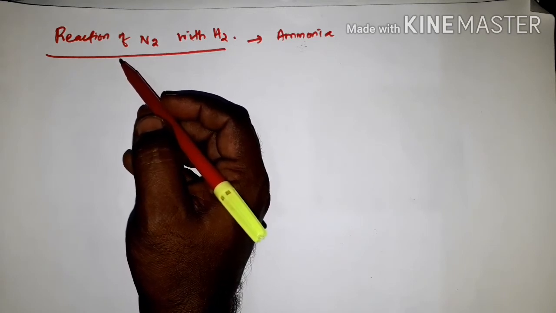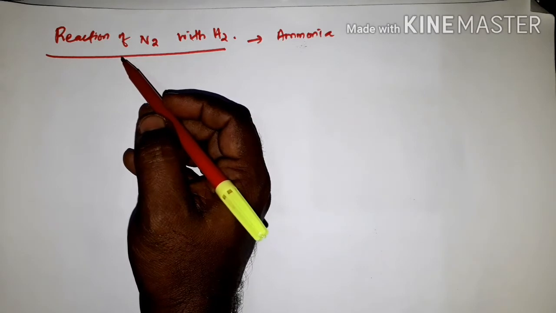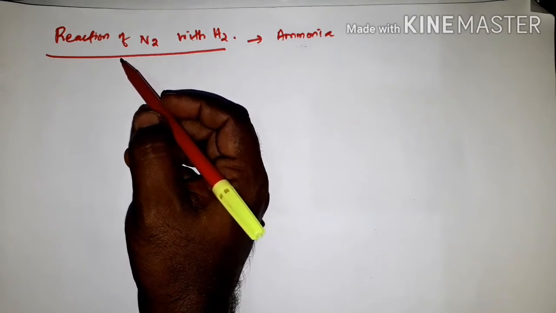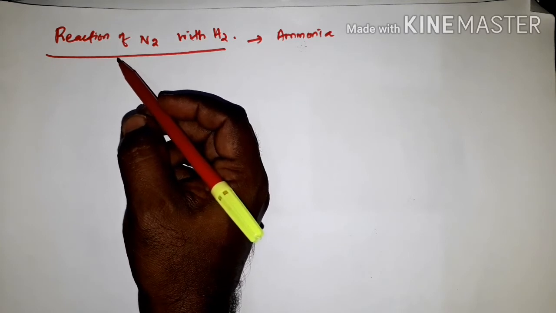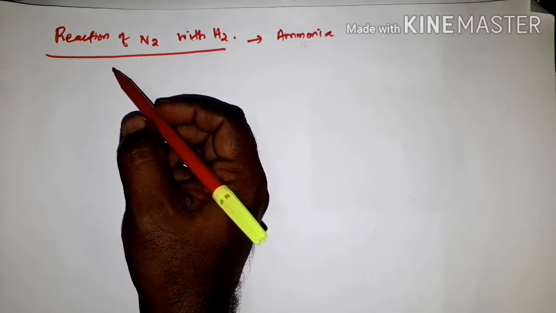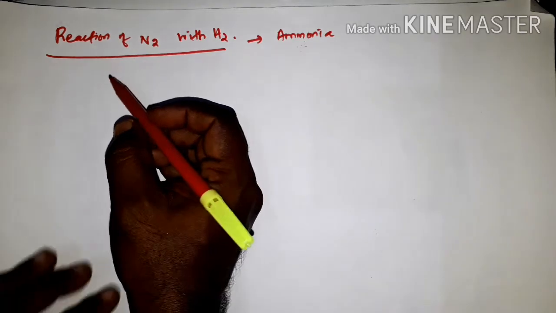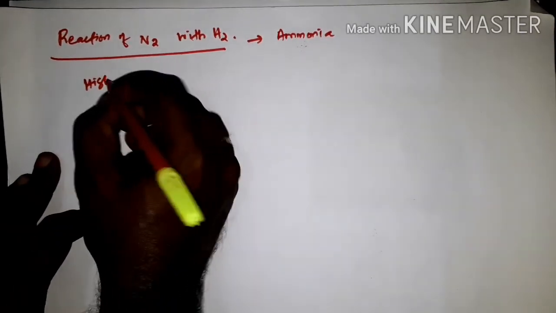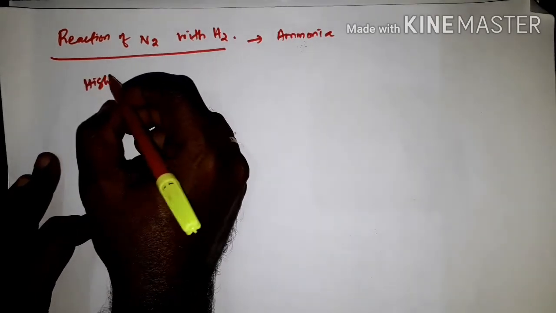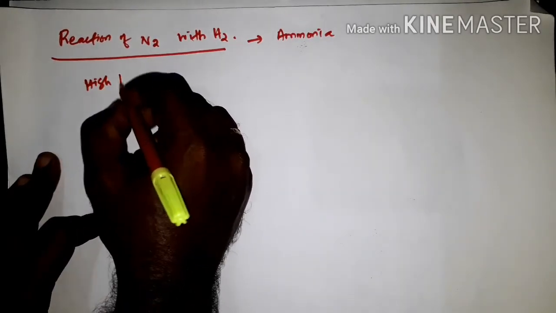When you increase the temperature, what will happen to the rate of reaction? When you decrease the temperature, what will happen to the equilibrium? All this you studied last year. This reaction is favored by high pressure. The preparation of ammonia is favored by high pressure.